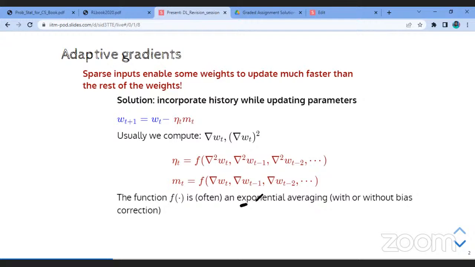Most often it is going to be exponential averaging, that we have discussed in the lecture. With this exponential averaging, some algorithms use bias correction like in Adam, some don't. So this is the crux of the entire week.